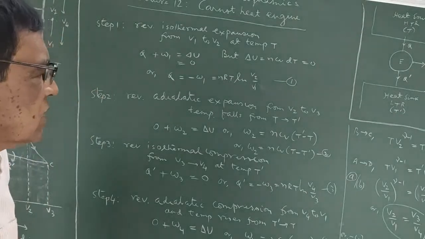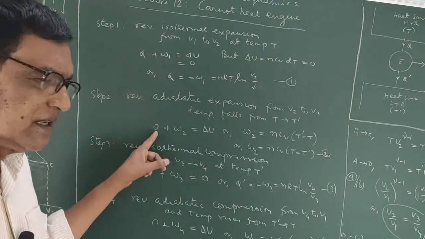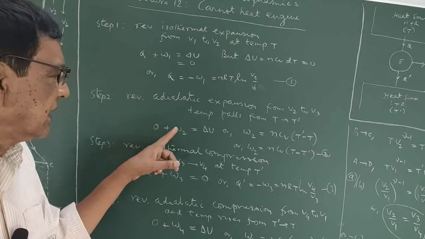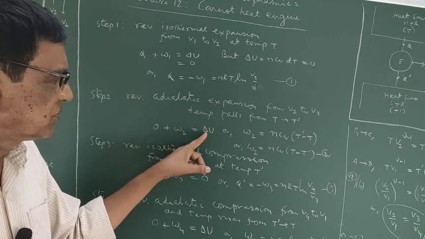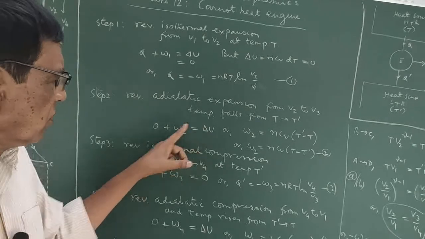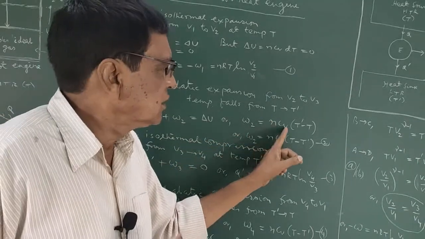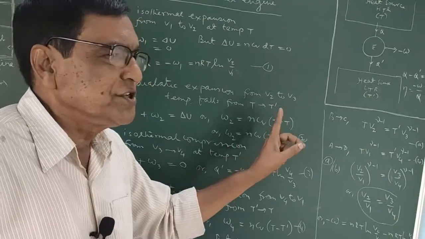The mathematics is that heat given to this engine is 0, and the work done in the second step equals delta U. W2 equals delta U, which means nCv times final temperature minus initial temperature.